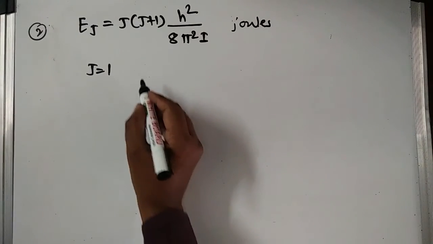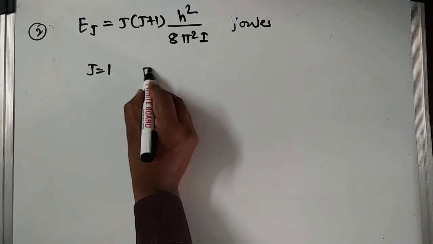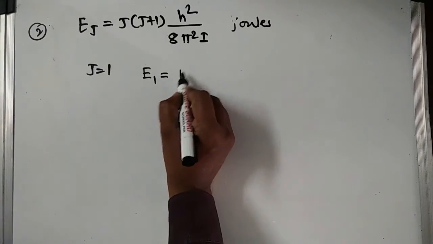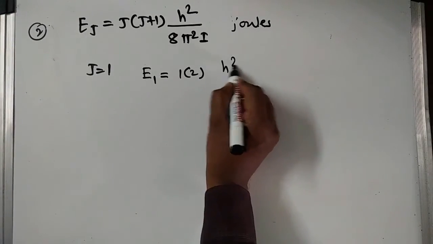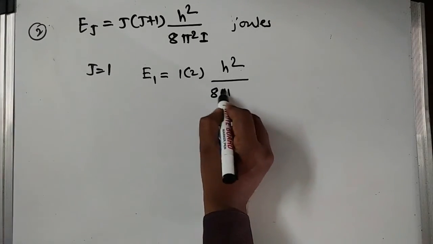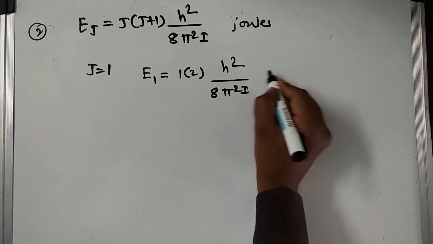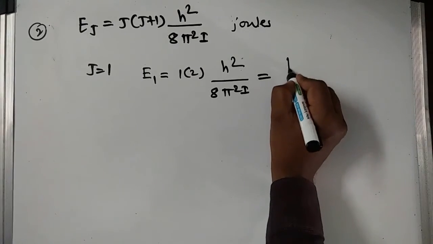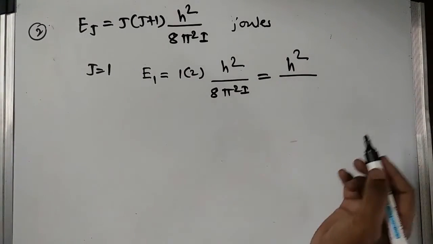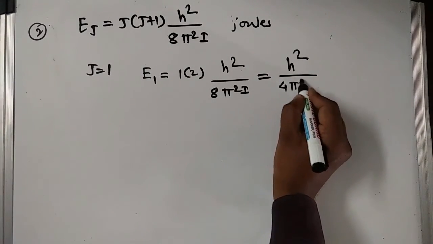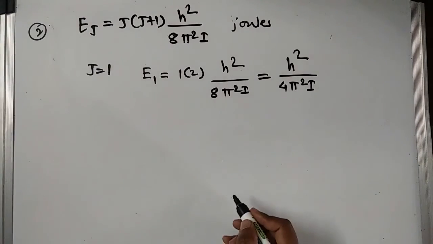So for J equal to 1, we get E1, which is equal to 1 into 2 h square upon 8 pi square I, which is equal to h square upon 4 pi square I.